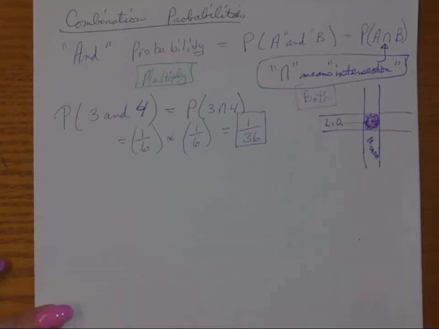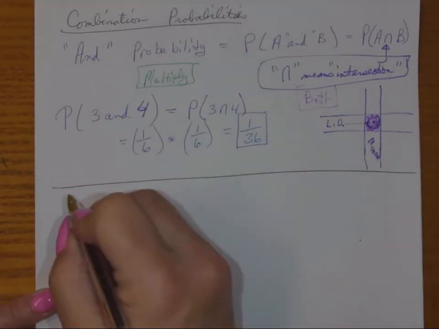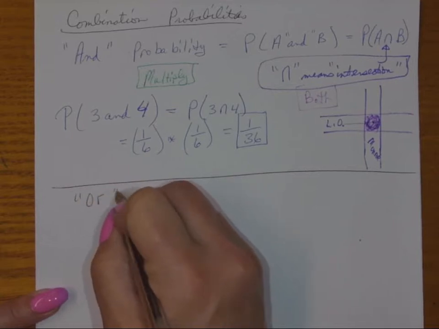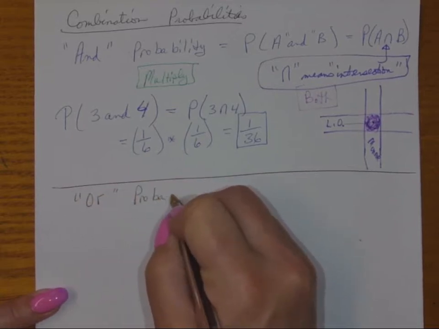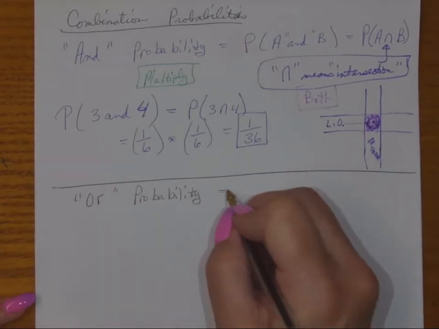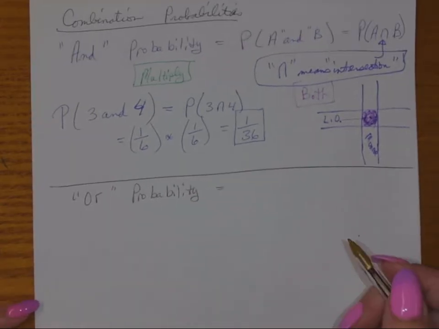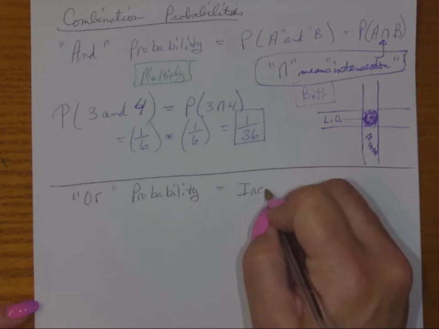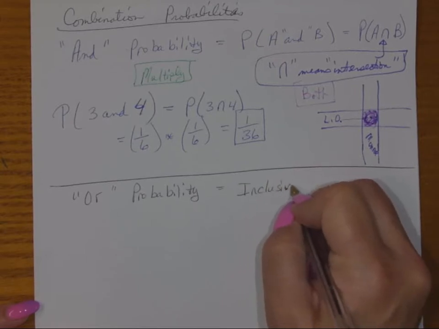Okay, well, that kind of coincides a little bit with what happens whenever we're talking about an OR statement. So there's the OR probabilities. We've talked about these. And what I usually tell my students is that in the English language, it's the very inclusive OR, okay? So you have to be a little bit careful.